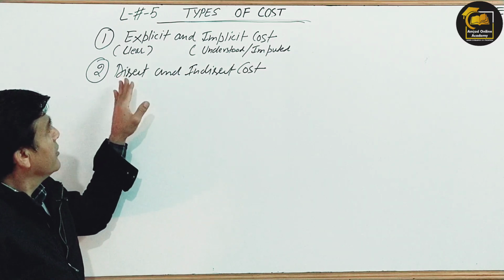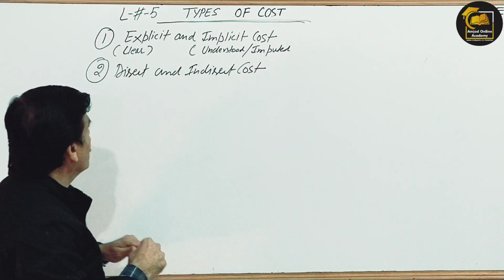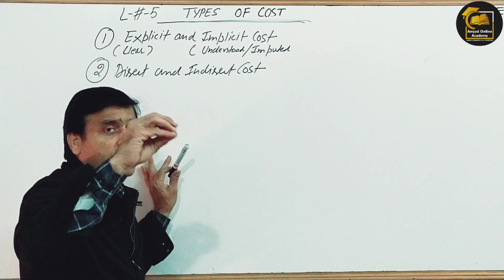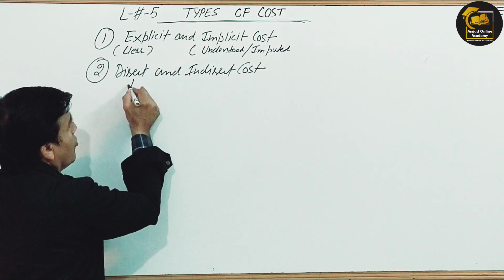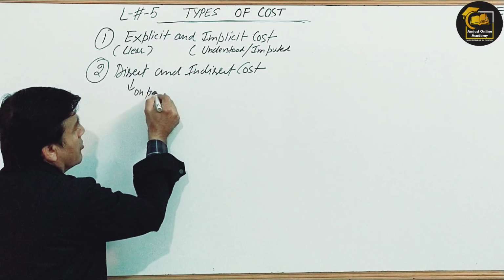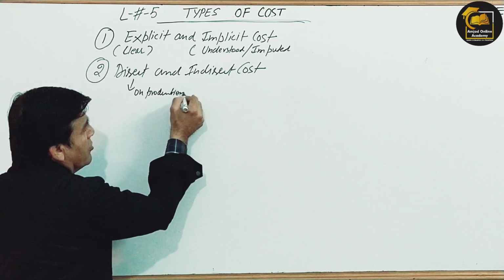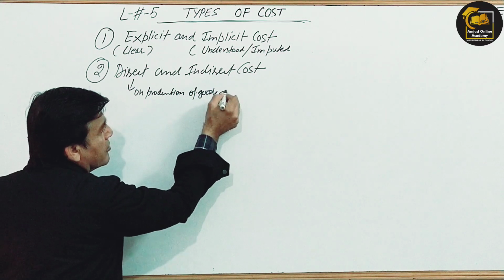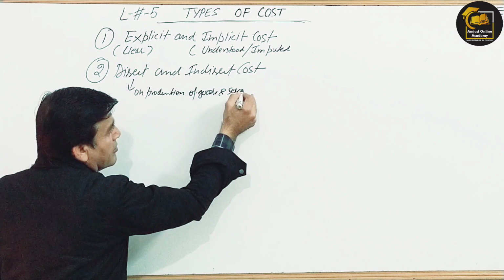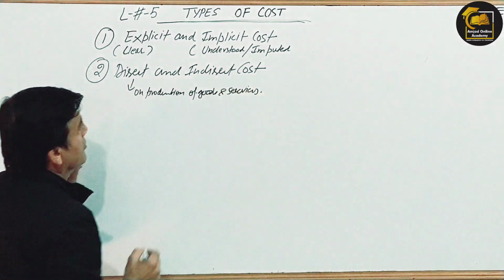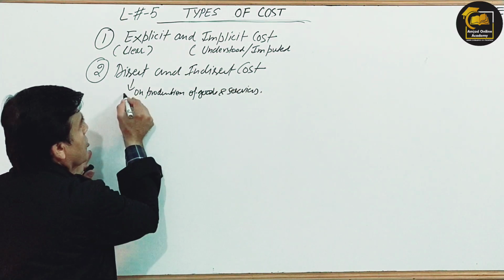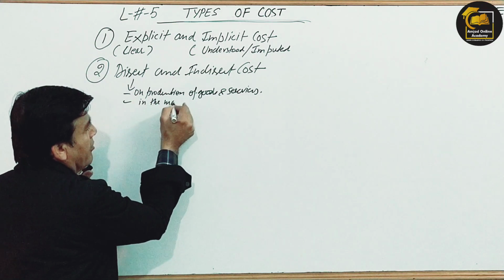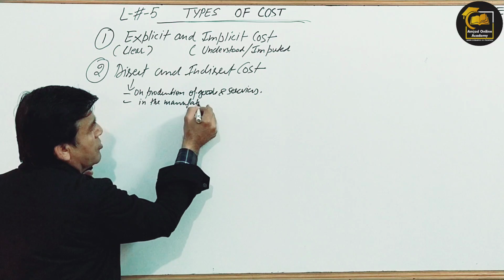Actually, you can say direct cost is the cost which is incurring directly on the production of particular goods and services, or you can say the cost which is actually incurring in the factory or in the manufacturing. Better we use the word manufacturing.